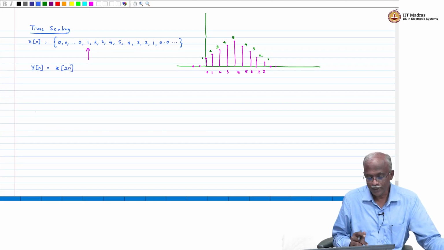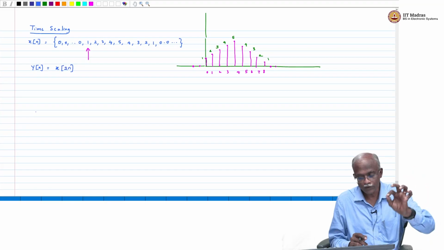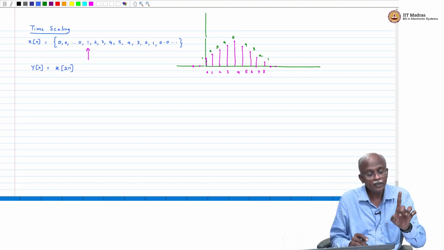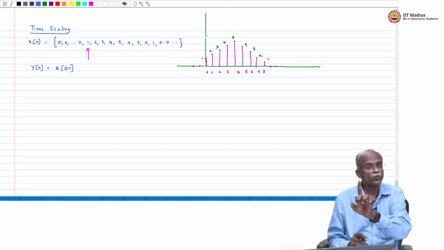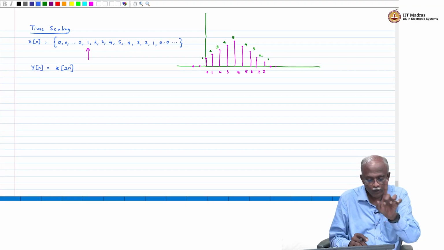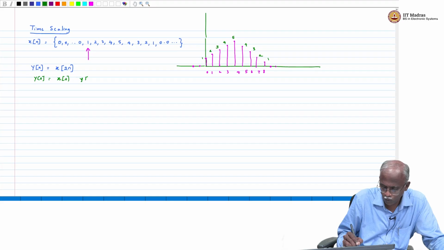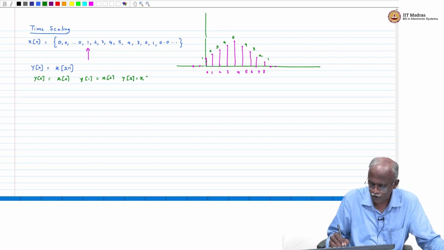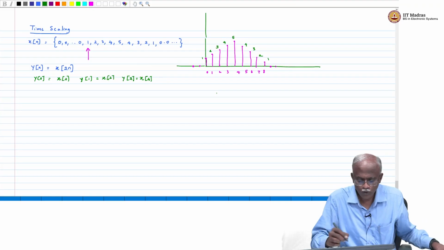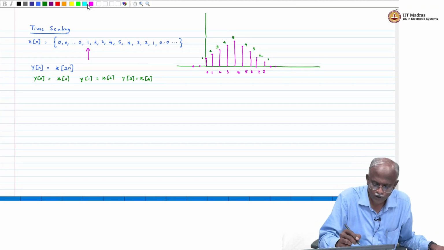Which means that y of 0 will be x of 0, y of 1 will be equal to x of 2, y of 2 will be equal to x of 4, and so on. So what does this sequence look like?